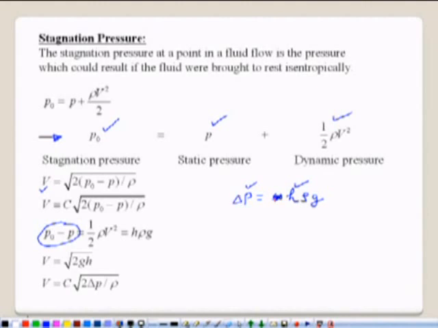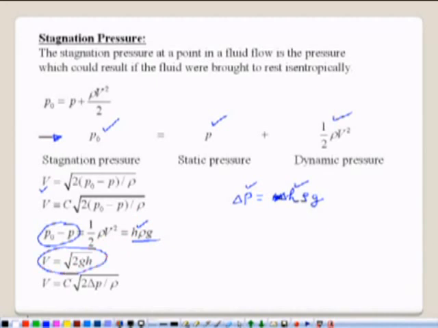Similarly, delta P may be written as rho g delta H. So P naught minus P is rho g H, right, and this H can be measured very easily, and with the help of this H we can find out, with the help of this equation, V is equal to root of 2gh.